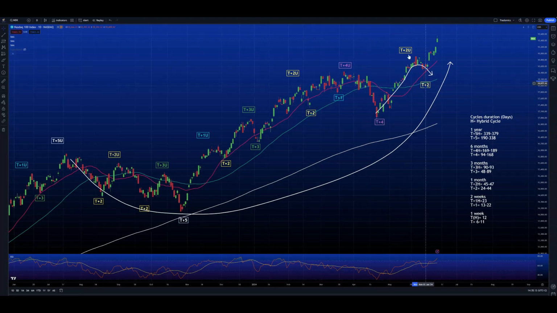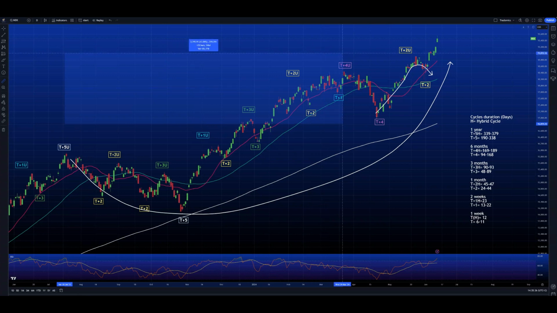And we also said that this was a short-term retracement because, given the fact that the upward cycle T plus 5 was broken here, we could have had time to extend the cycle, but we were expecting already to come back to the top because with this retracement, the time was not enough to close at T plus 5.